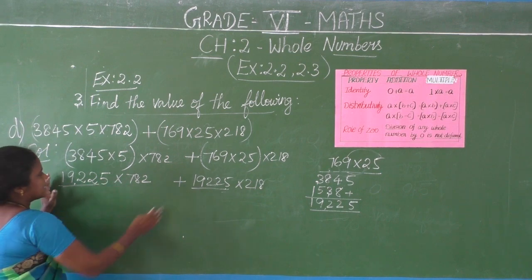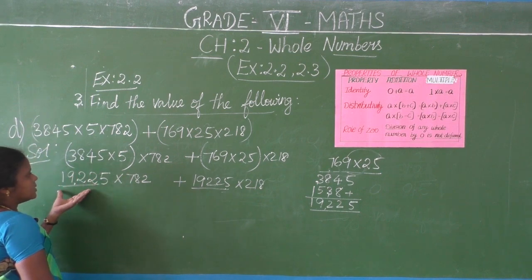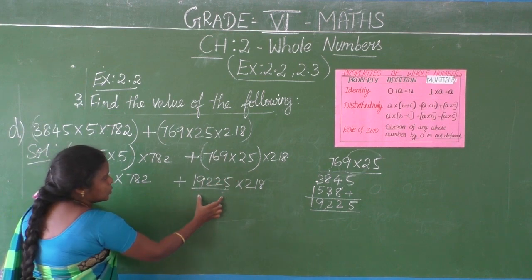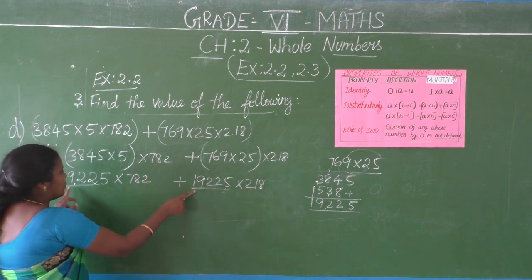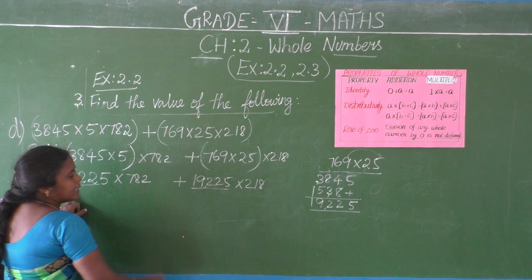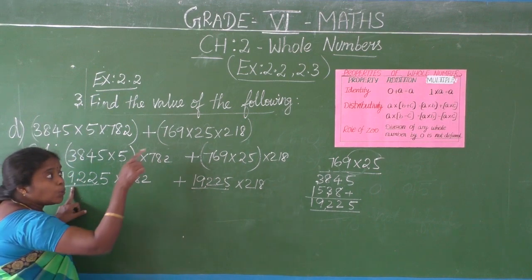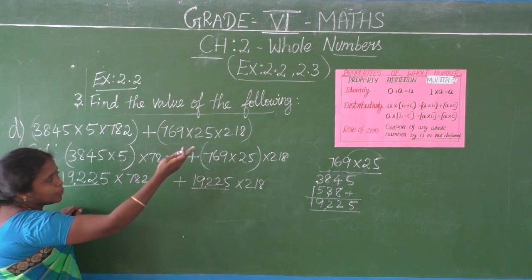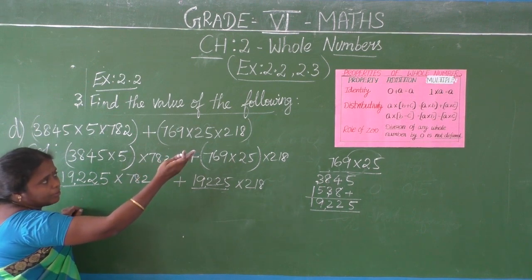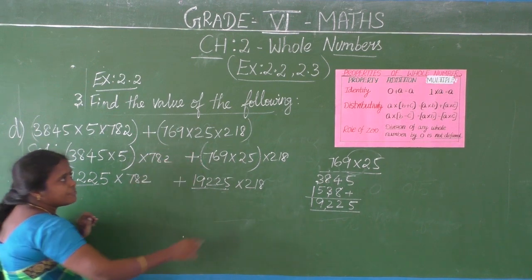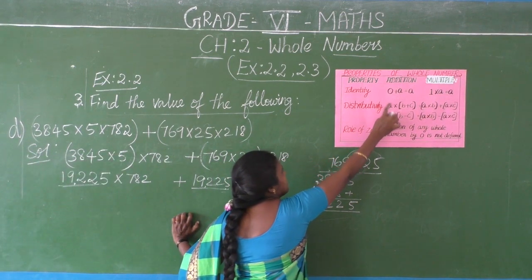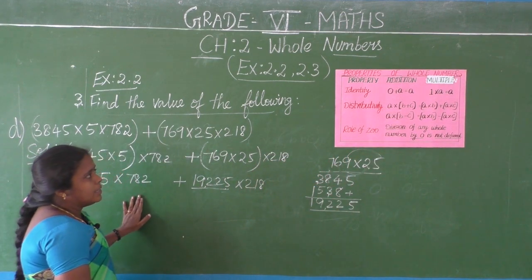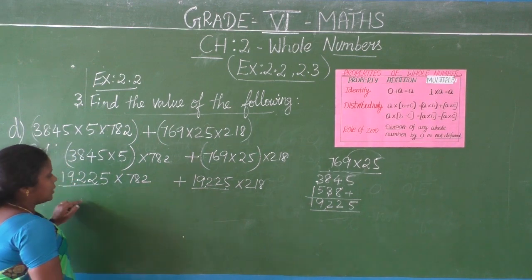For the first case, this product is this one, this product also this one, both are equal, 19,225, 19,225. Now try to match the property here. Distributive property of multiplication over addition. First case, addition wise coming our question. So we can use that formula.